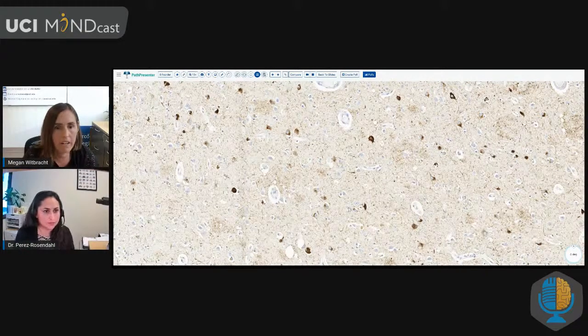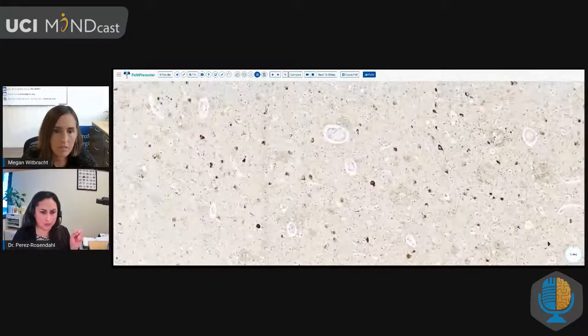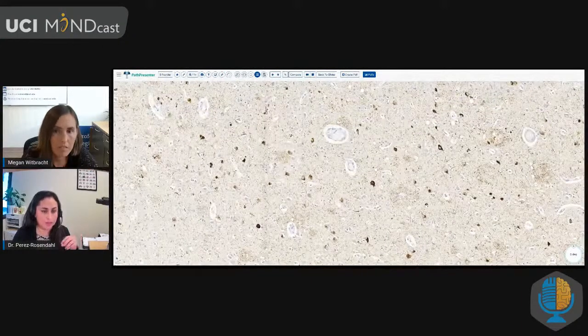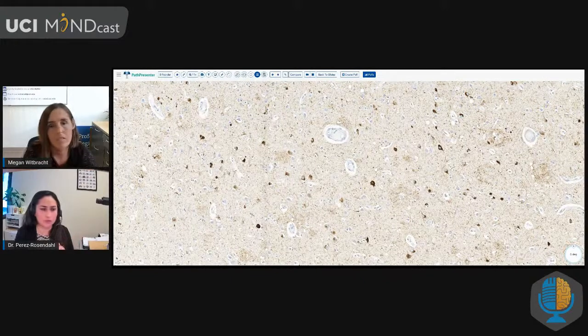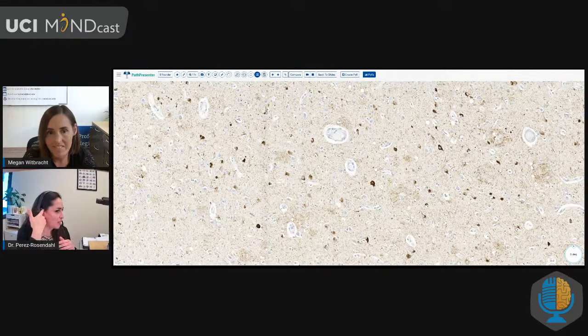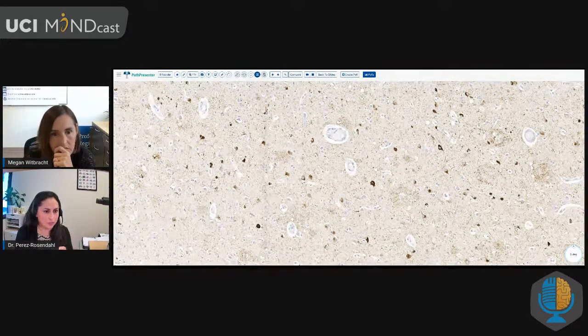So you mentioned the cortex. Where are some other areas of the brain where you would see Alzheimer's disease pathology? So the first place that you'll start to see these neuritic plaques and neurofibrillary tangles is the hippocampus. The hippocampus is in the temporal lobe, and our temporal lobe, if my skull was see-through, would be right about here, right by your earlobe. The temporal lobe is where your hippocampus is housed, and that's an area that's very, very important in memory function.